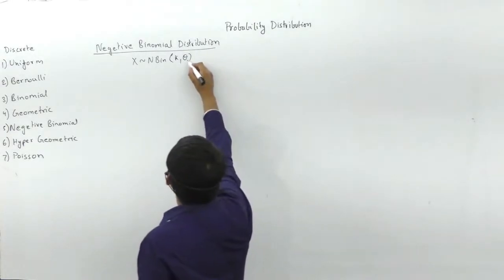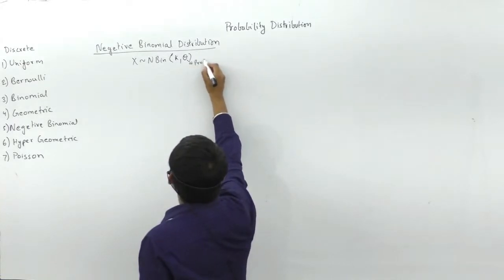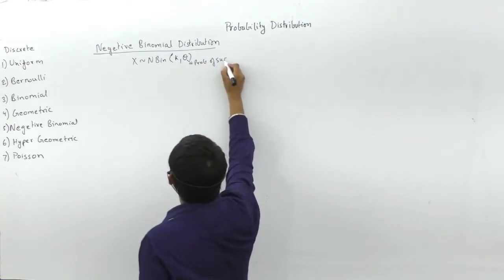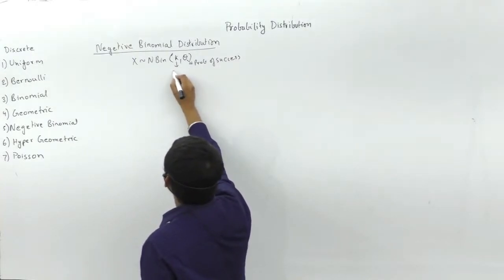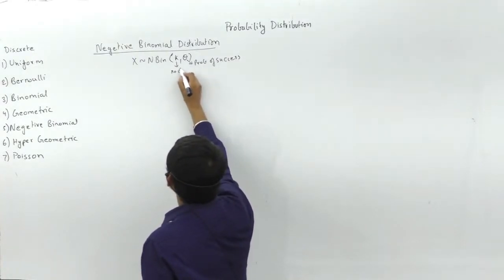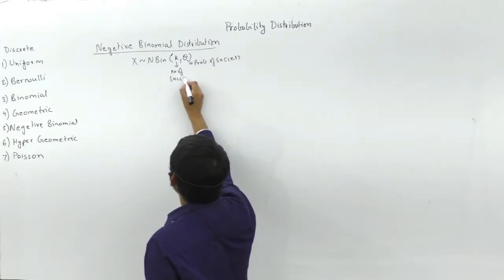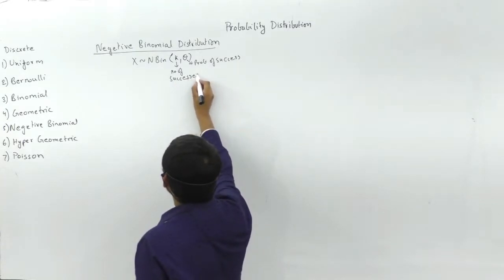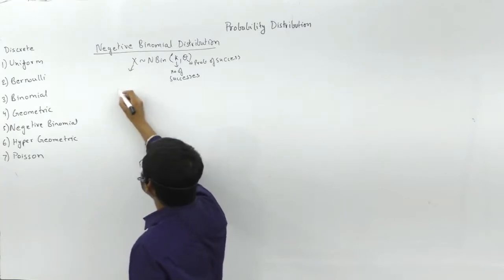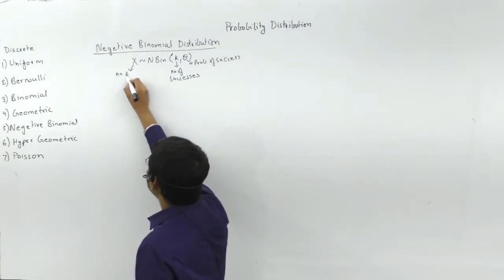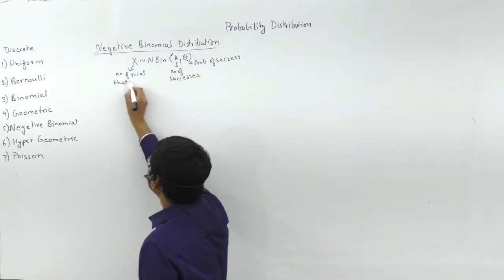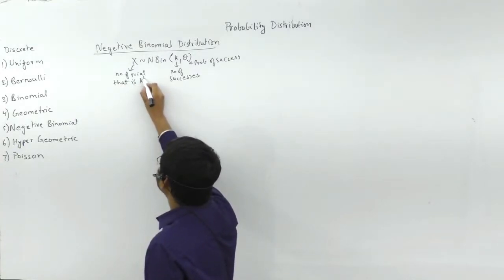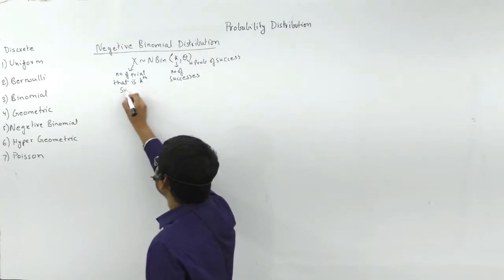Here theta is again the probability of success, k is nothing but the number of successes, and X is nothing but the number of trials, that is, the kth success.